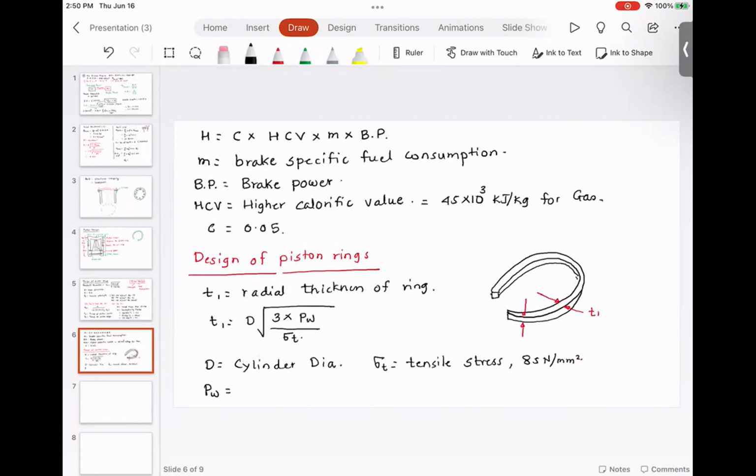PW is the gas pressure on cylinder wall. On cylinder wall, it's typically 0.025 to 0.04 Newton per millimeter square. This is T2.